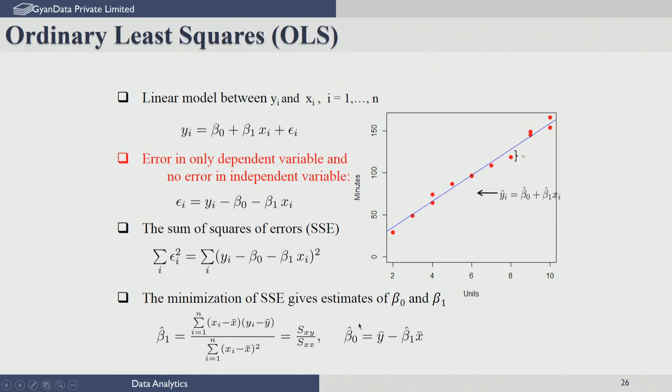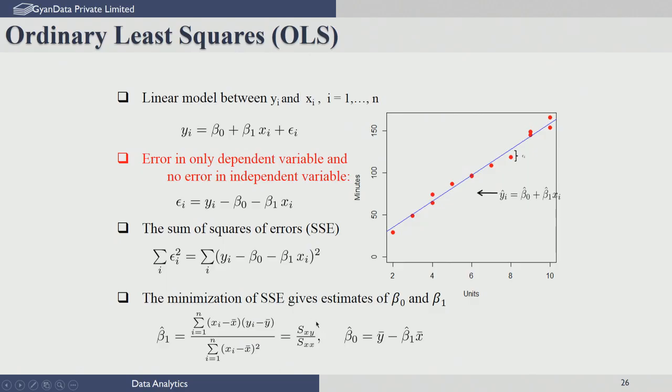Hat always implies it is an estimated quantity, and the estimated value of beta 1 turns out to be the cross covariance between x and y divided by the variance of x. You can prove this. Remember, this cross covariance is essentially like a Pearson's coefficient.